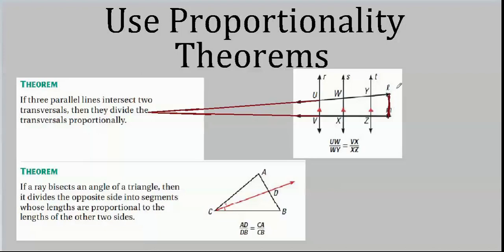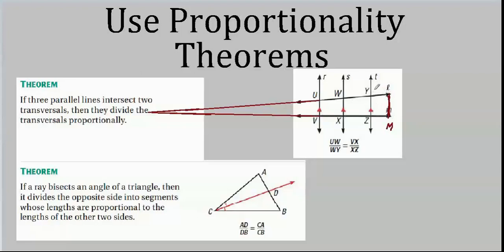Now we know from our triangle proportionality theorem that the ratio of this section, LY, to YU is the same as the ratio of this section, ZM over ZV.